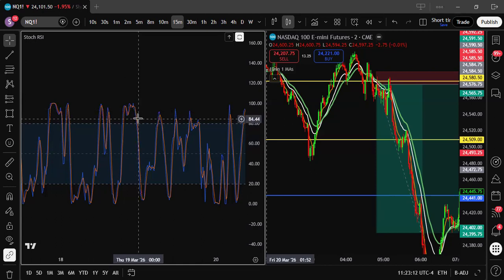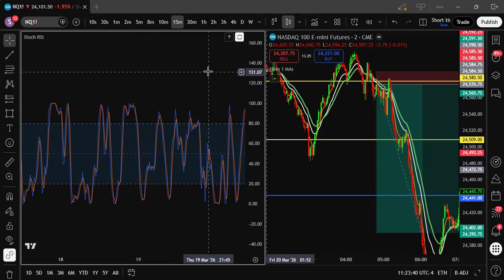Because I have a good possibility, because price is underneath that 200 EMA, that this is going to be coming down, and I want to enjoy the ride coming down because, like I said, if we're underneath the 200, we're mostly bearish. So when the stochastic RSI is giving me a point that we're getting to an overbought situation and it's going to turn around, I want in on that. Now, that's my requirements for the 15 minute.